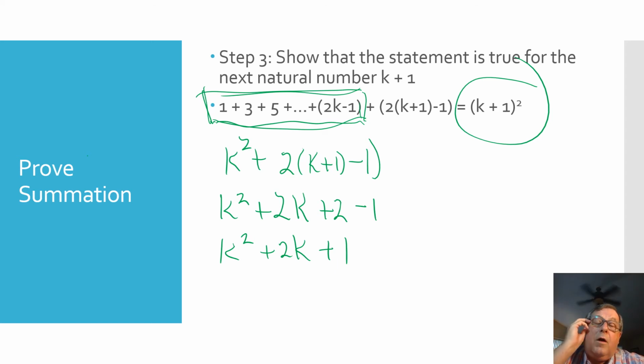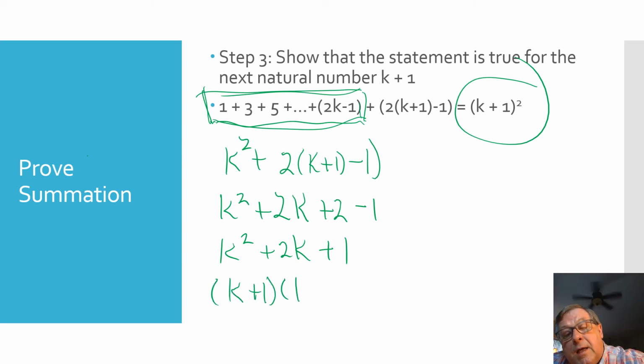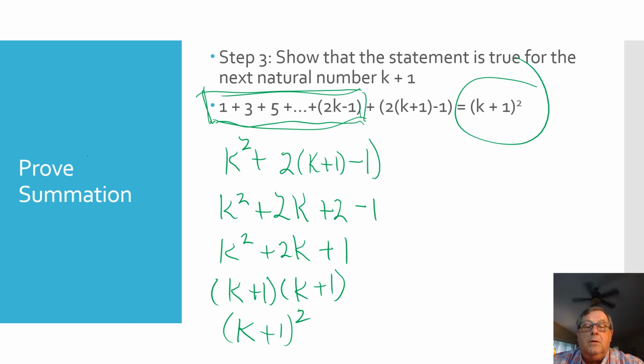All right, I've got a quadratic expression here, which I can factor to k plus 1 times k plus 1, which is the same as k plus 1 squared, because those terms are the same. And so we have proved that the original statement, 1 plus 3 plus 5 plus up to 2n minus 1 is equal to n squared.